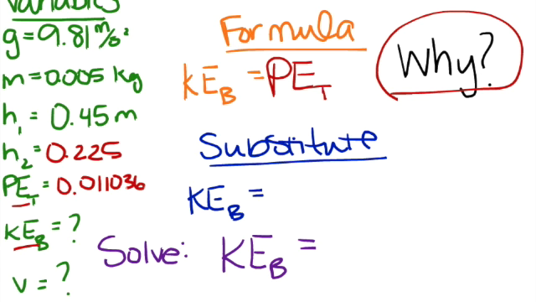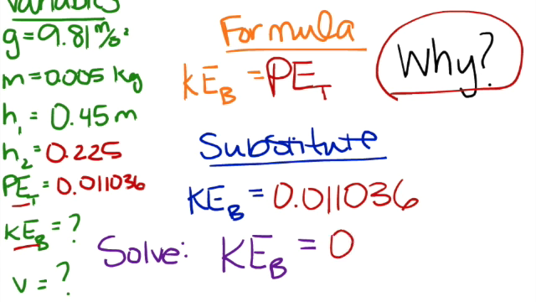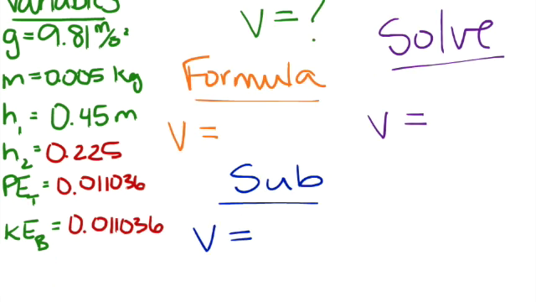So we'll substitute in our value for potential energy. So basically, the kinetic energy at the bottom of the descent is the same as the potential energy at the top, which is 0.011036 joules.